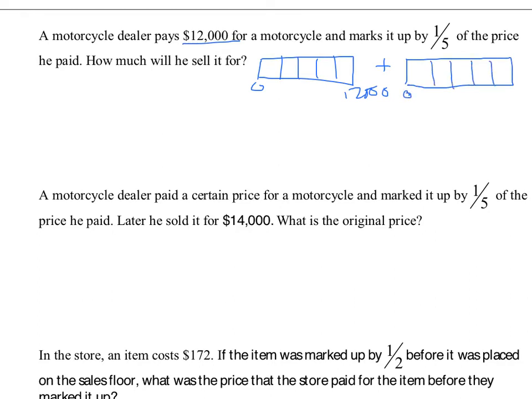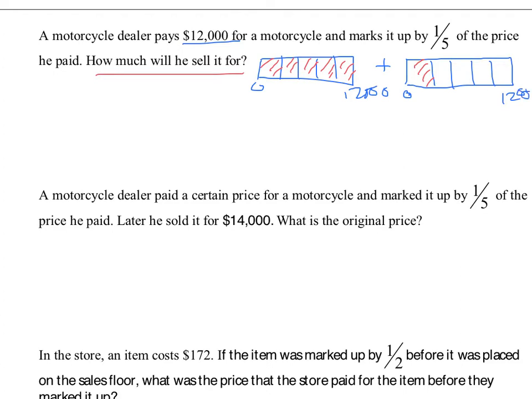So when I think about this, I have 5/5 of the price that I'm going to have to pay, and then they add an additional fifth to that price. Okay, how much will he sell it for? We're given the original is $12,000, and we want to know how much he sells it for.